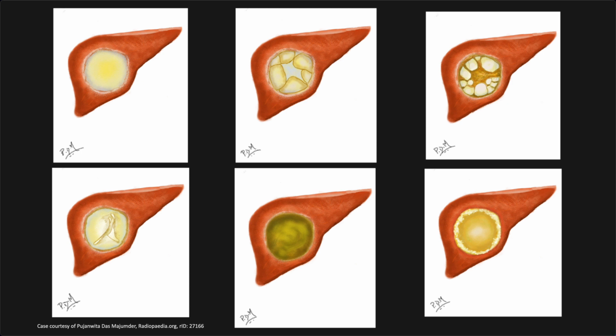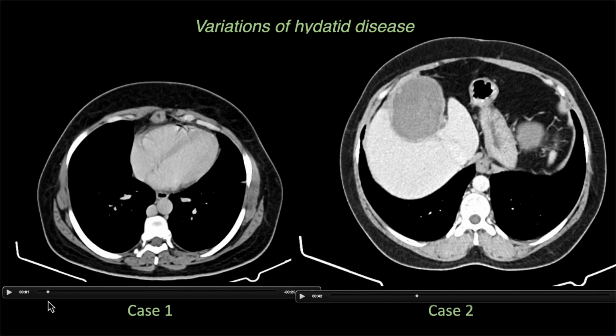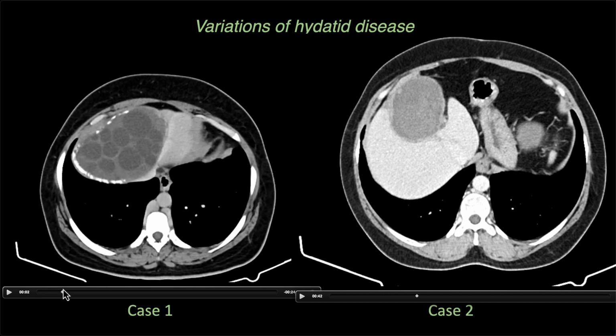You might see the endocyst collapsing, as in this example, which causes that classic water lily sign. And as the cysts degenerate, they can have a more dense or heterogeneous appearance, as well as calcify.